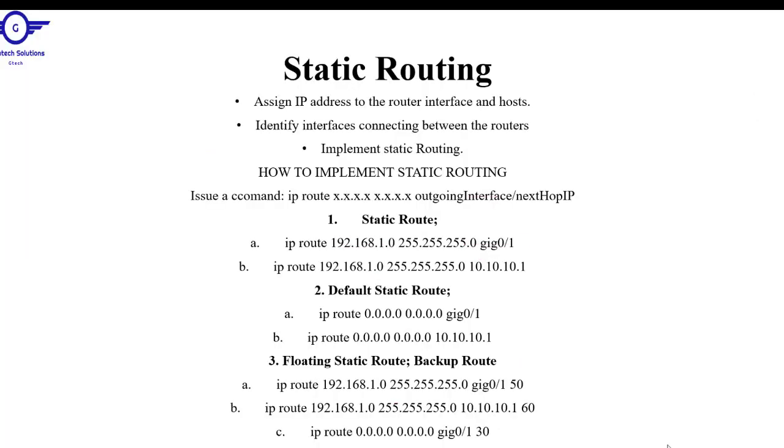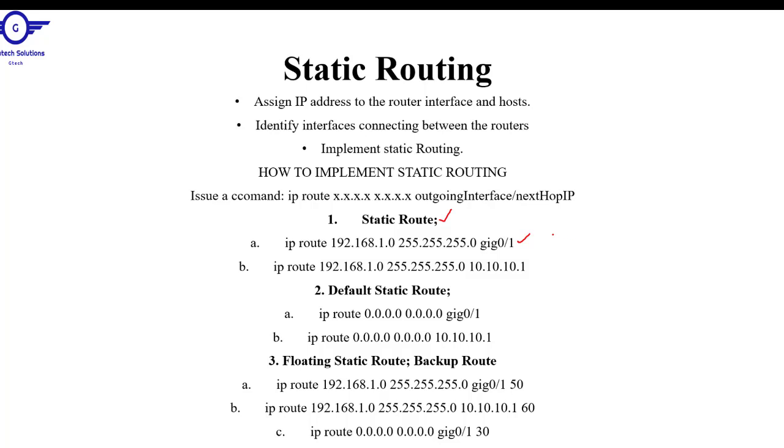So in this scenario, let's assume that we were just configuring a normal static route, this one. I chose this one. But for failover and reliability in the network, you must design what is called a backup route.